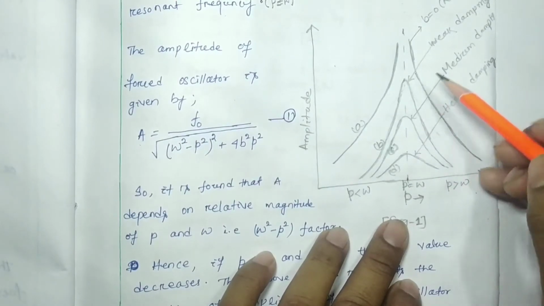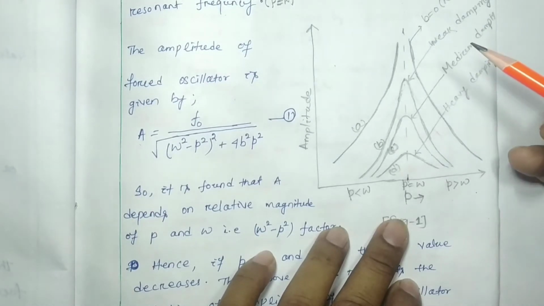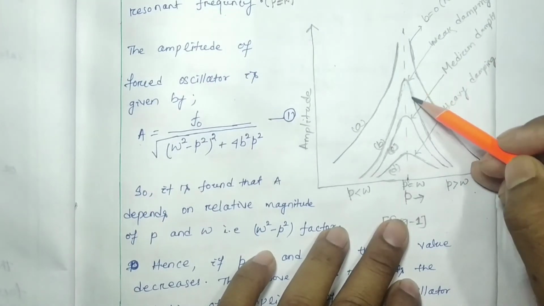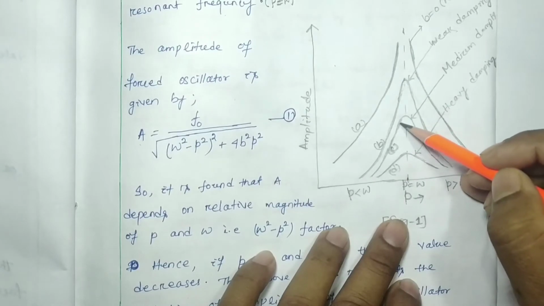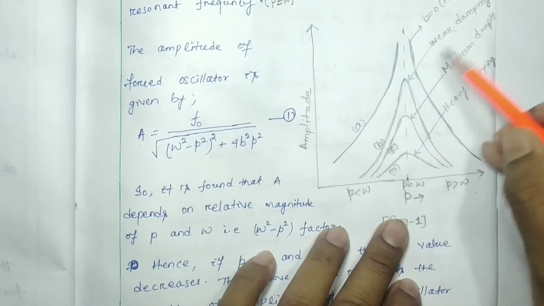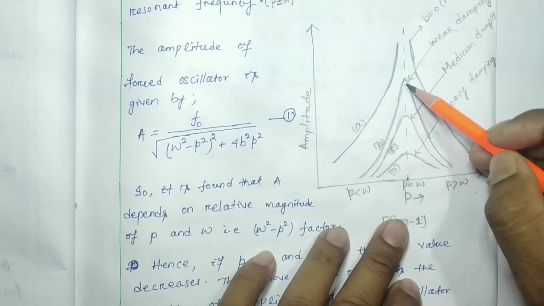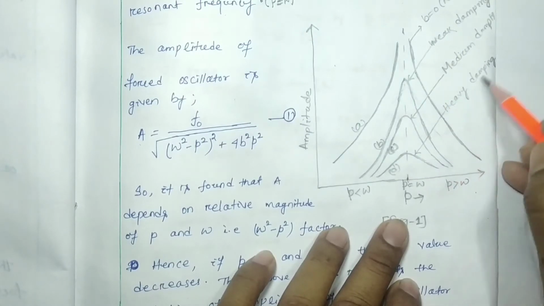Another thing: with increase of damping, that means if the resistance is increasing, the sharpness of this curve also decreases. For weak damping, the sharpness is larger, we find a very sharp curve, as compared with heavy damping.